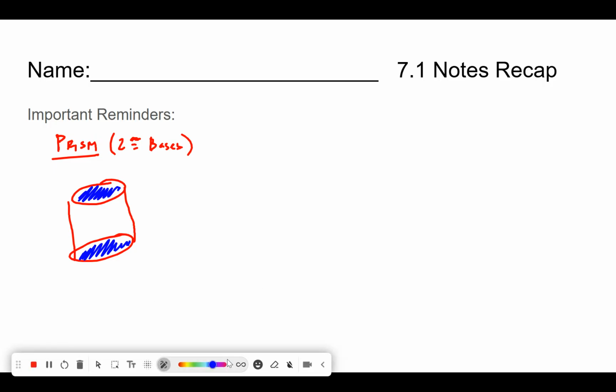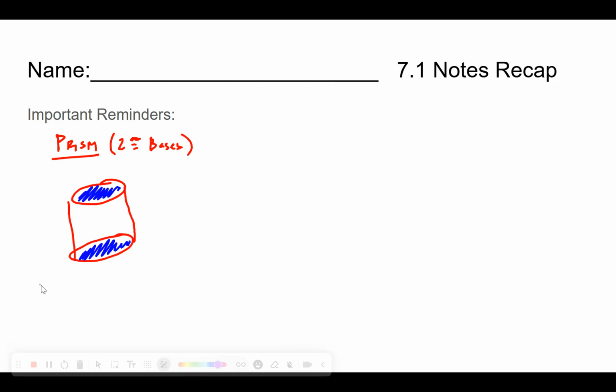Okay. Now, the first discussion was about cross sections. So there are two types of cross sections that we care about, right? The first one is if we are parallel to the base.